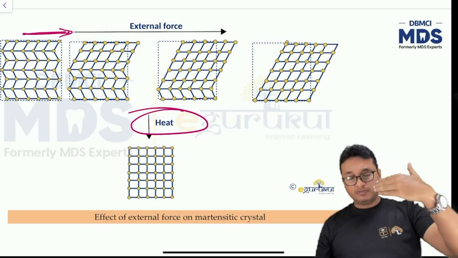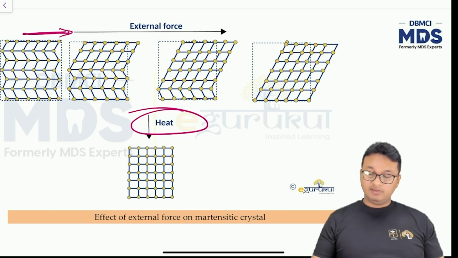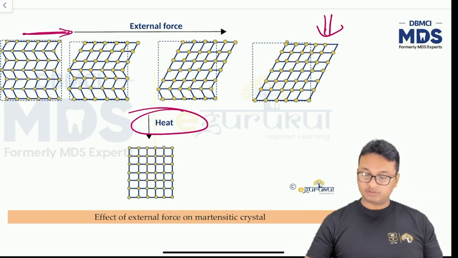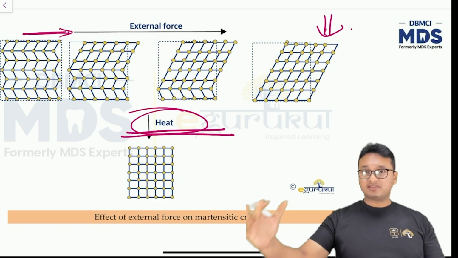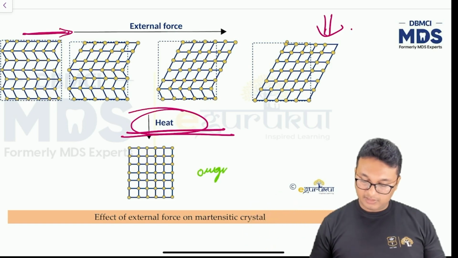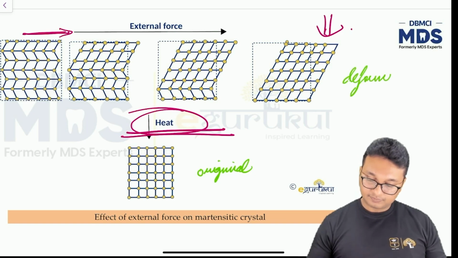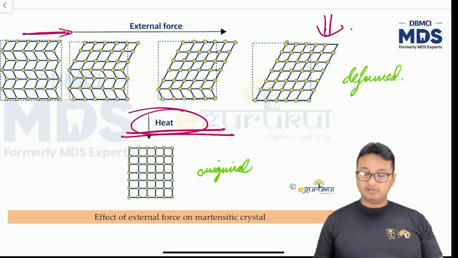If the forces are continuously given, the entire crystal gets deformed into this structure. But as soon as heat is applied, the deformed crystal gets converted back to its original structure. This is the original one, and this was the deformed one. This is what happens whenever heat is applied to a martensitic crystal.